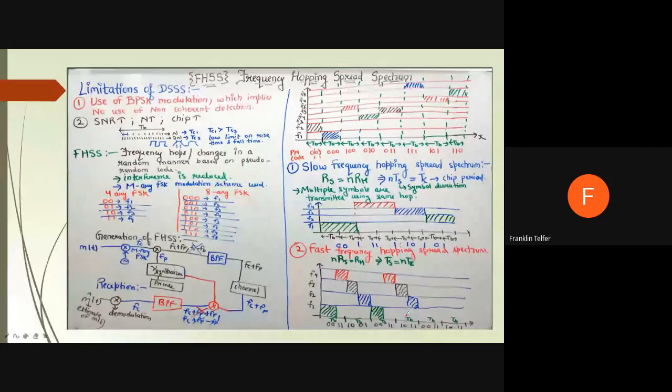So that's one limit where you're going to add an extra interference block over there to take away the interference signal. And next one is SNR is high, and the noise is high, and the chip rate is quite high. So this SNR is high is quite good, but the noise is greater. That has to be limited as much as possible. But the chip duration should be as small as possible compared to the DSSS.